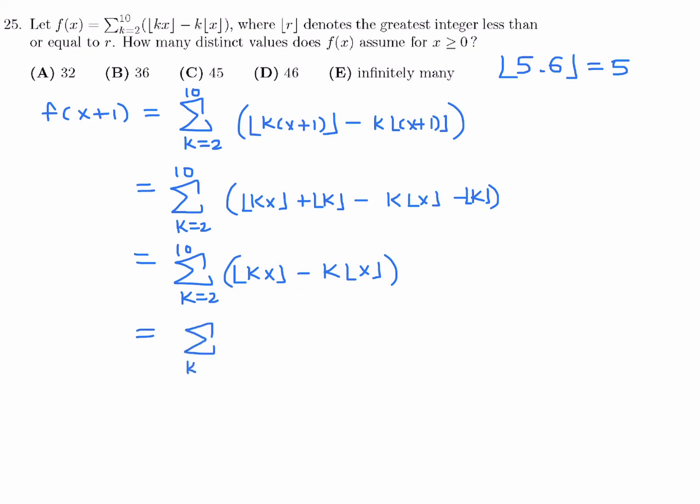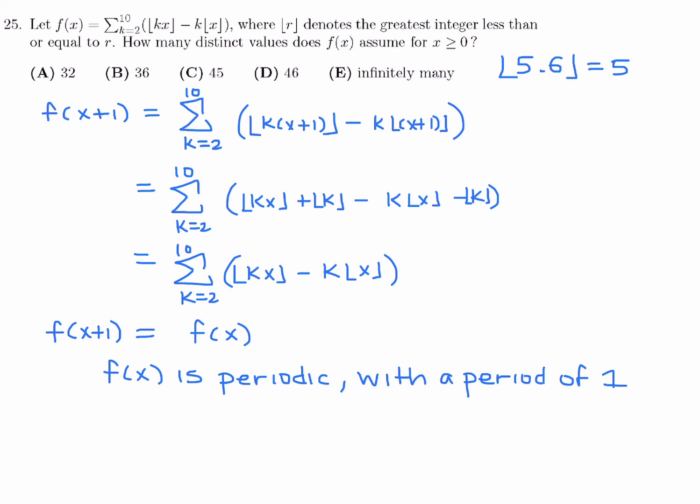So it's really just k equals 2 to 10 of f at x. Well, actually, the whole thing is f at x, so I don't even need to put the summation like that. That's pretty much what I meant. So what this tells me is that f at x plus 1 is the same as f at x. So that means f at x is indeed periodic, and it has a period of 1.